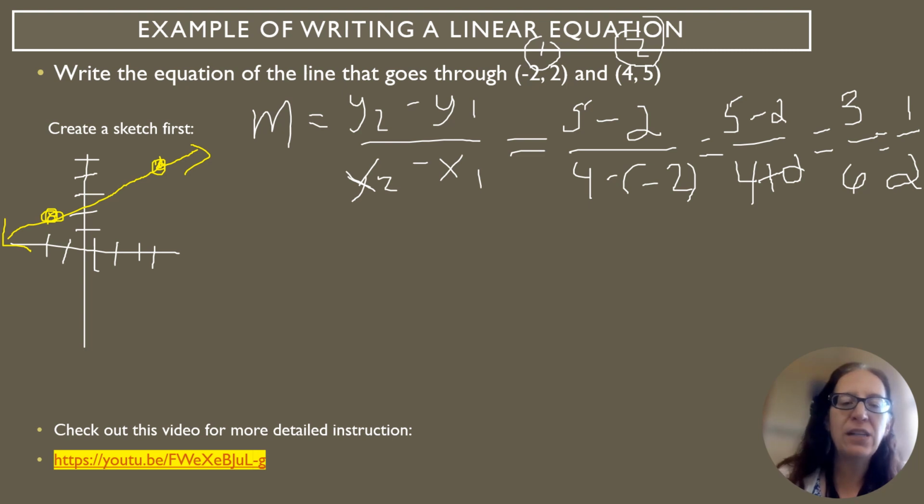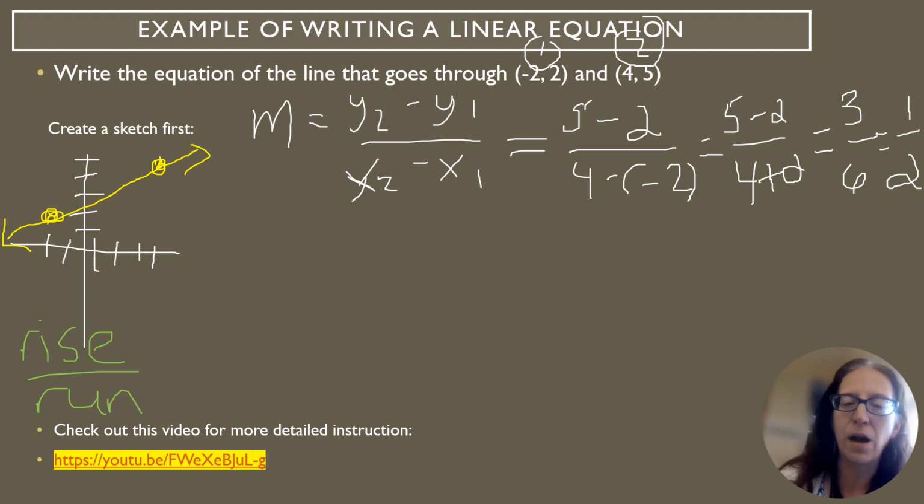Now, remember I said when I looked at this, I knew that the slope should be positive. I have positive 1/2, and so I'm fairly confident. Now, if you're not confident in the slope formula, you can actually find the slope using rise over run. It's how far you go up divided by how far you go over. It's like up and over.